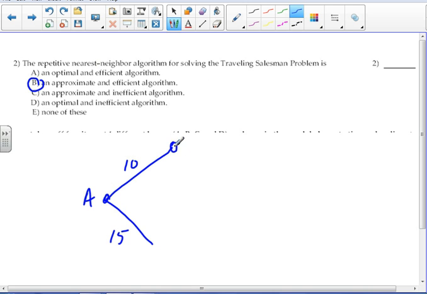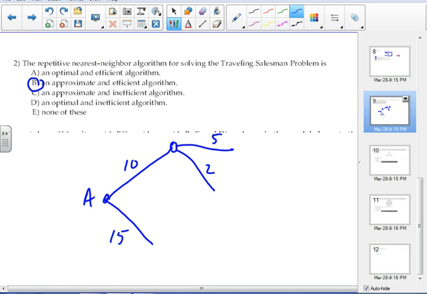And then when I get here and I've got a 5 and a 2, which one do I take? 2. I take the 2. And I keep doing that until I make it back to A, and that would be my most efficient route, because I'm doing the nearest neighbor thing. Now, repetitive means I do it again. So if I go this way and I find out that I'm hosed for some reason, then I go that way and try it the other way.